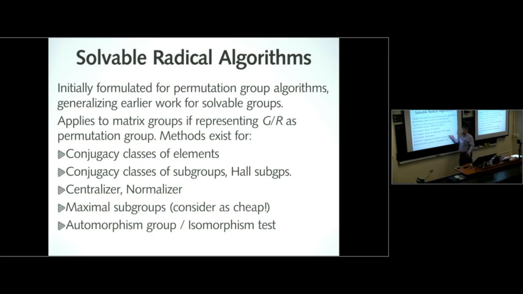The surprising thing is that in this context, maximal subgroups is a comparatively cheap operation. It's much cheaper to get just the maximal ones than to get all subgroups. There are algorithms for automorphism group, for isomorphism test.